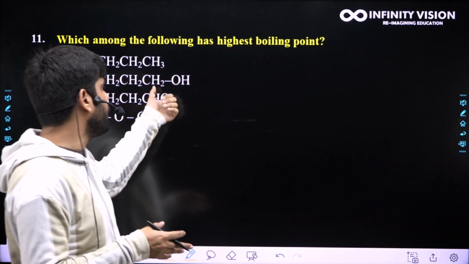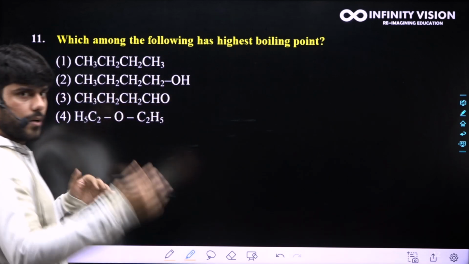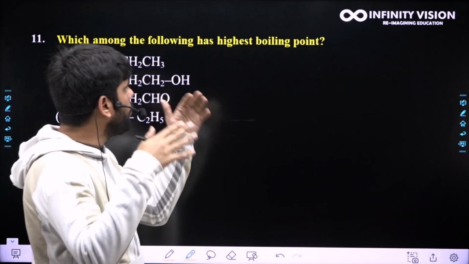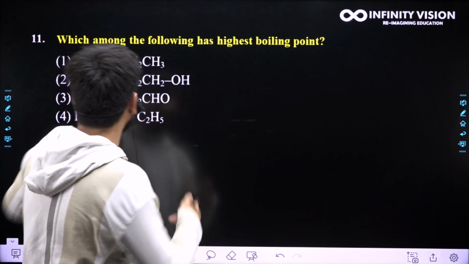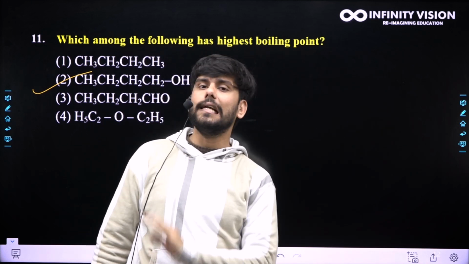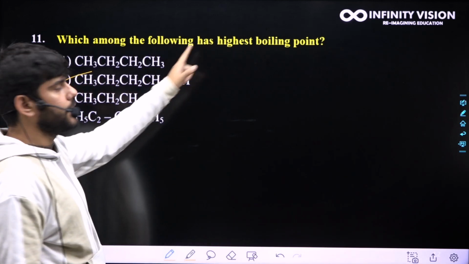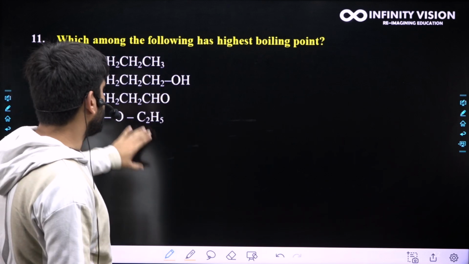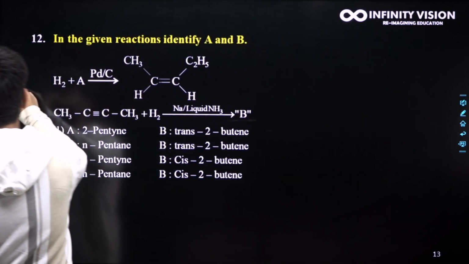They have higher boiling point than their corresponding carbonyl compounds also, right? Or carbonyl compounds have lesser boiling point than their corresponding alcohols, because alcohols undergo intermolecular hydrogen bonding, leading to the association of molecules. And hence, that is the reason for their higher boiling point among these. Let us see the next question.